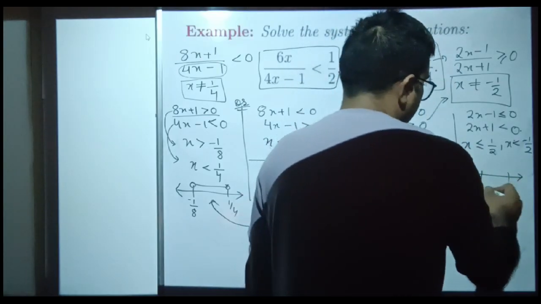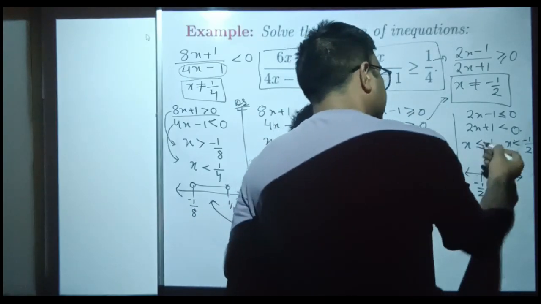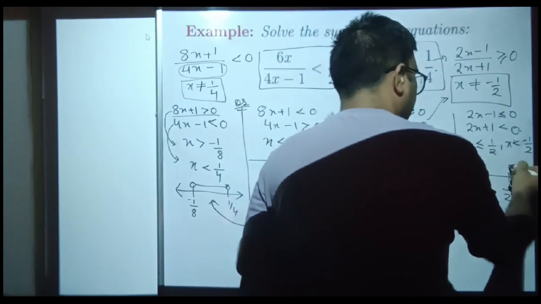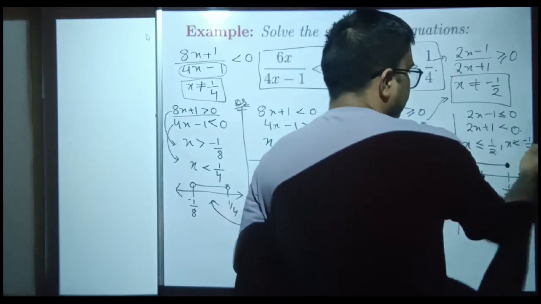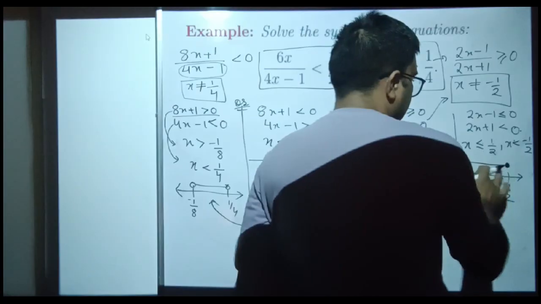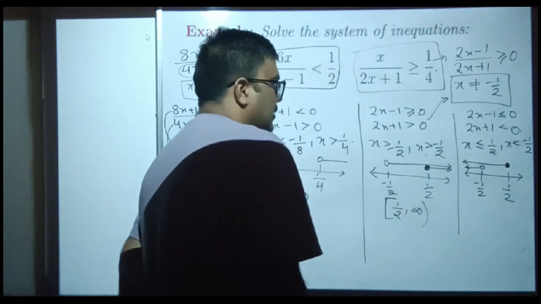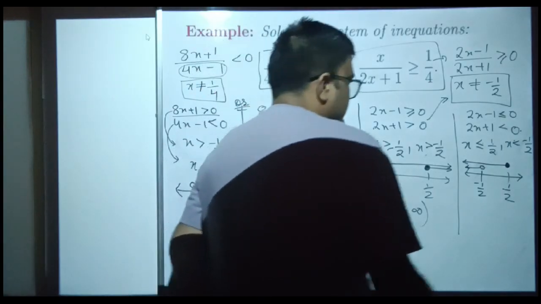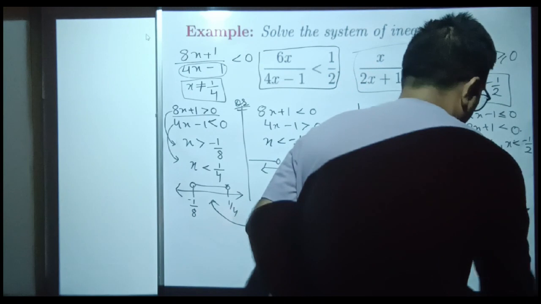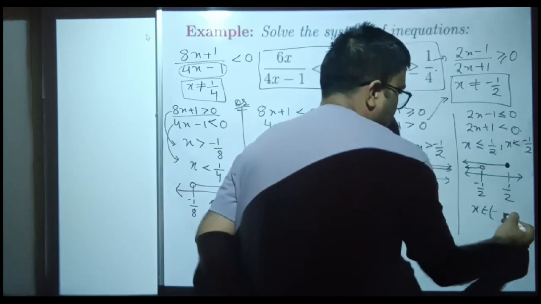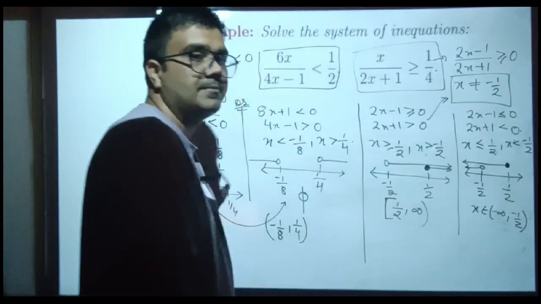This is minus 1 by 2, this is 1 by 2. x is less than or equal to 1 by 2, and x is less than minus 1 by 2, open bracket over here. The common values we obtain: x belongs to minus infinity to minus 1 by 2. Both brackets are open.